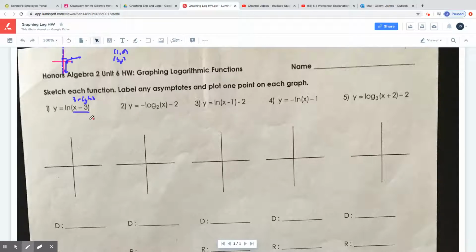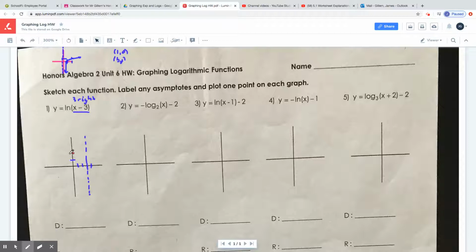Now, since it's vertical, it's anything that moves it left or right. So my vertical asymptote is now at x equals 3. Normally at 1, 0, we move that 3 to the right. So now I'm at 4, 0.